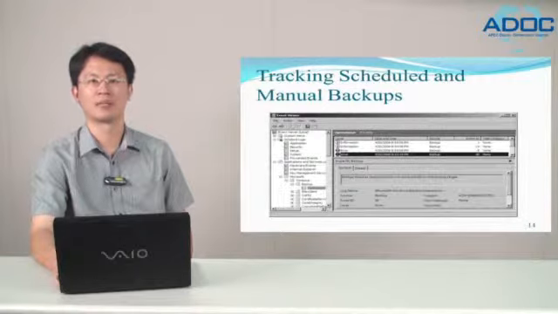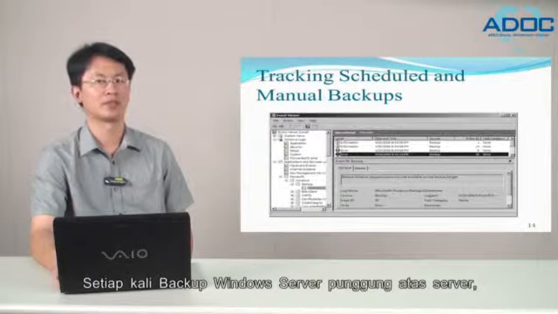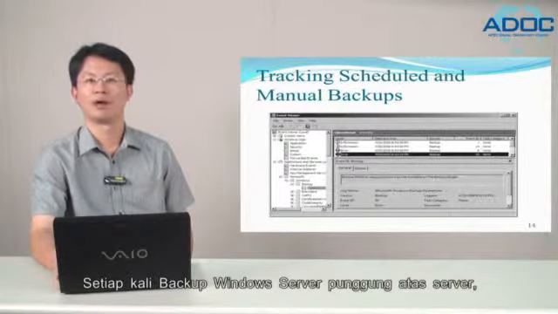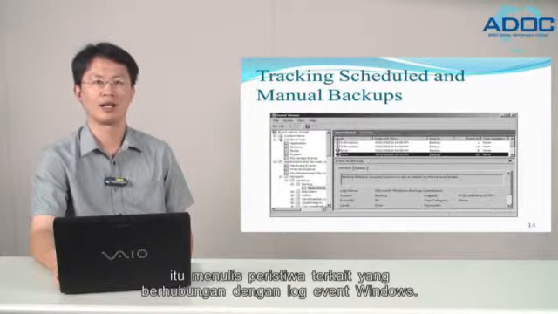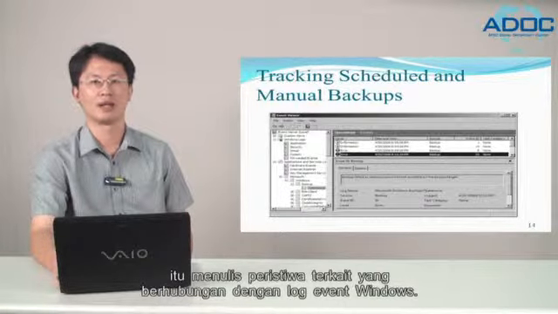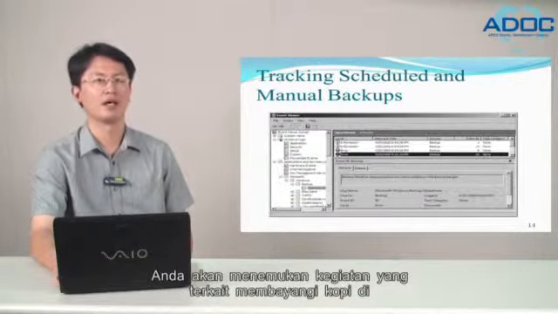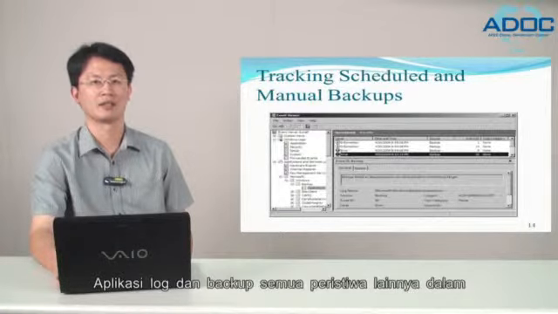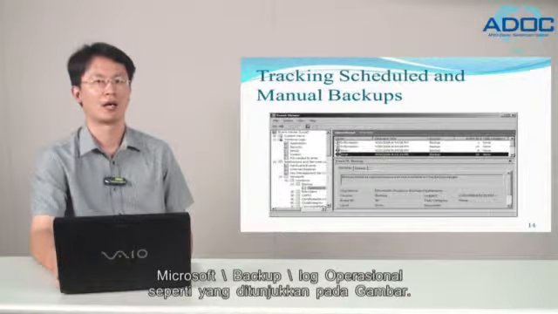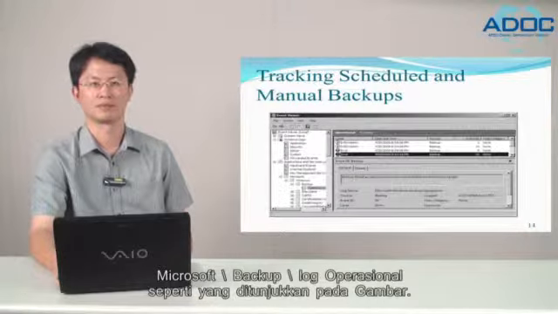Whenever Windows Server Backup backs up a server, it writes related events to the Windows event logs. You will find events related to the shadow copies in the Application log and all other backup events in the Microsoft Backup operational log, as shown in the figures.